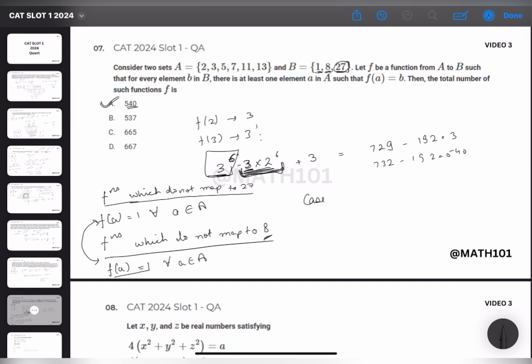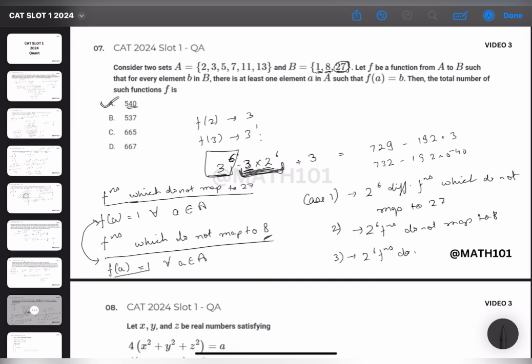For example, for clarity, let's say case 1 is 2 to the power of 6 different functions which do not map to 27. Case 2 is 2 to the power of 6 functions which do not map to 8. Third is 2 to the power of 6 functions which do not map to 1.